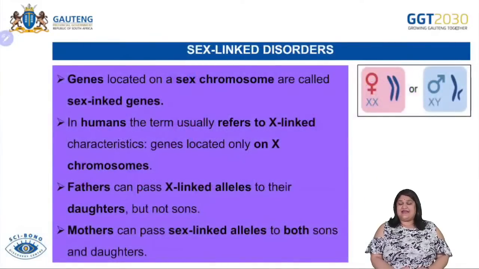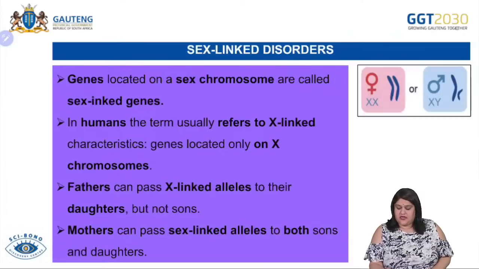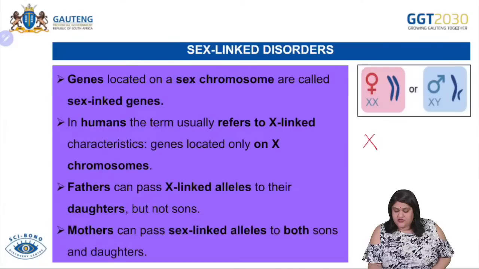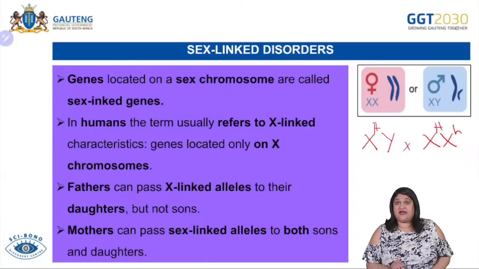Right, sex-linked disorders, very important. So you will see that sometimes when you're doing your genetic crosses and you have a male and a female, you've got superscripts looking like that.